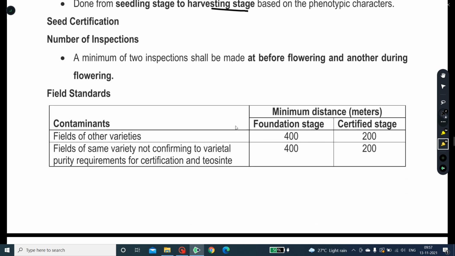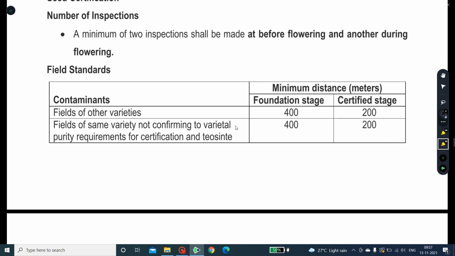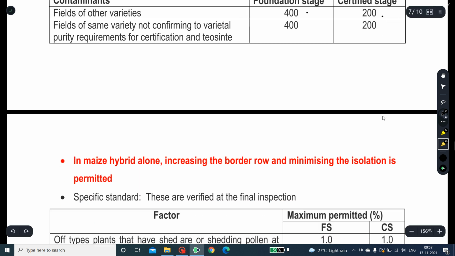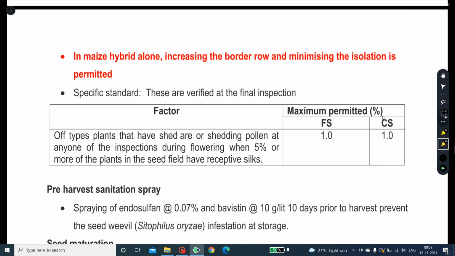And the isolation distance: the maize field should be isolated from contaminants, with a minimum isolation distance of 400 for foundation seed and 200 for certified seed. In maize hybrids alone, minimizing the isolation by increasing the border rows is permitted.